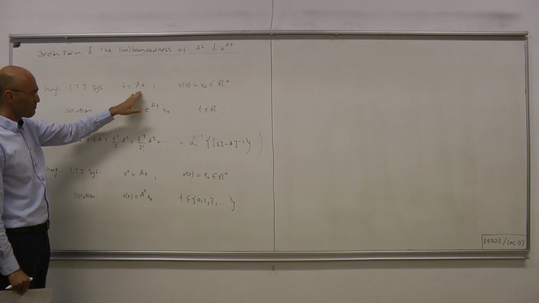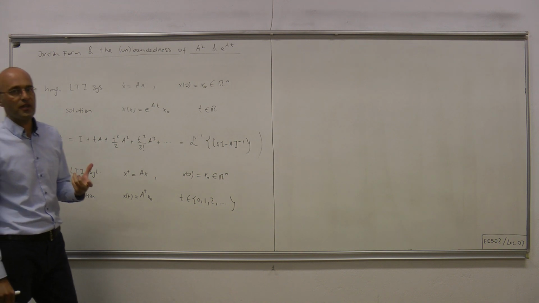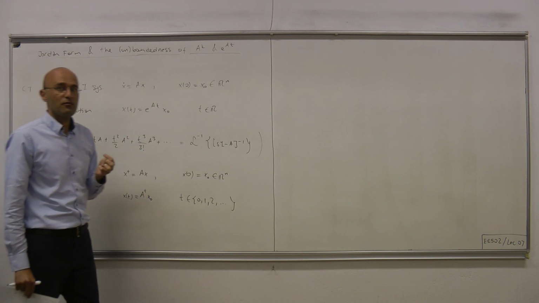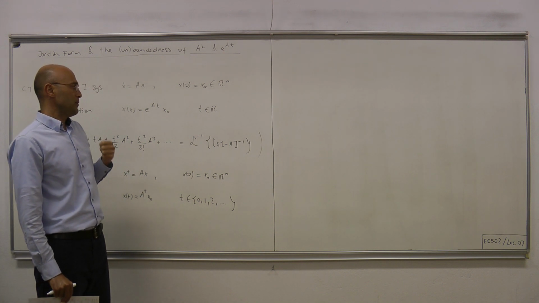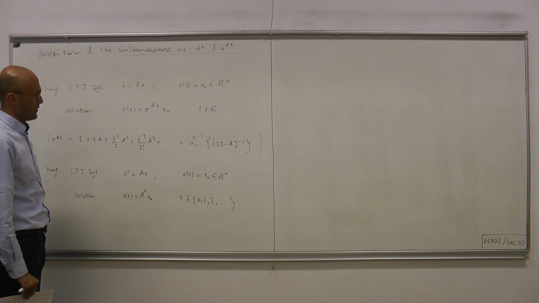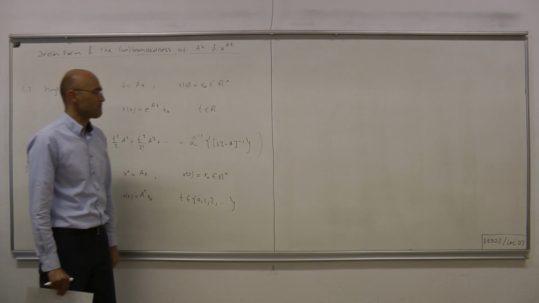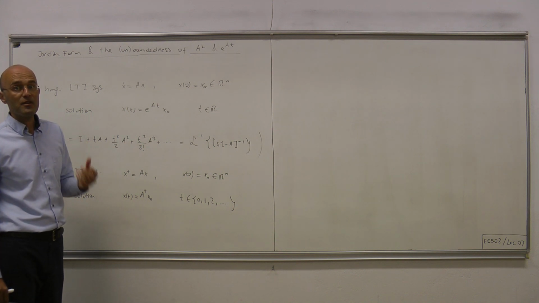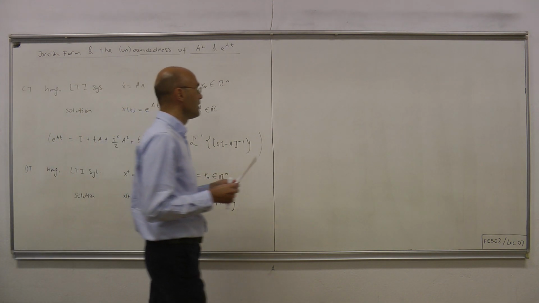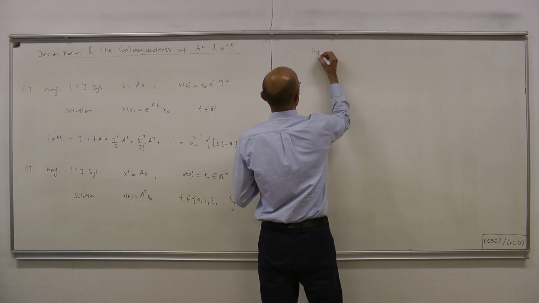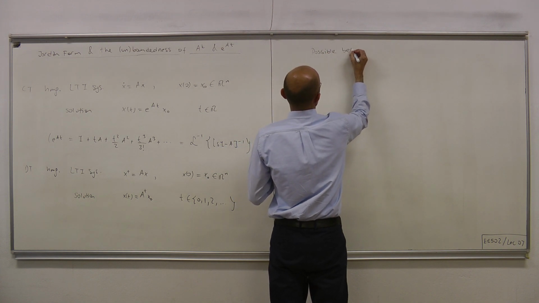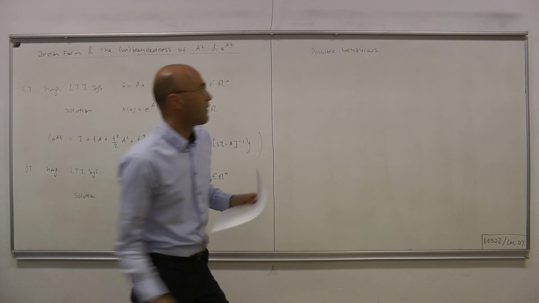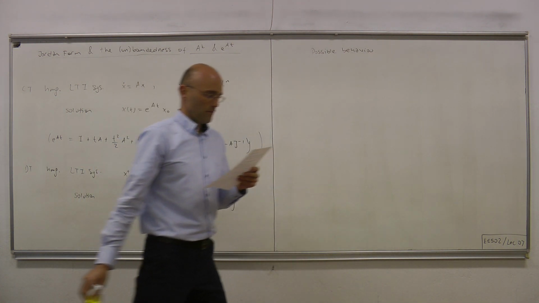For our study, we will make heavy use of the Jordan form representation of the A matrix. Before we start our analysis, let's talk about the behaviors that we will be interested in. So the possible behaviors of interest are as follows.